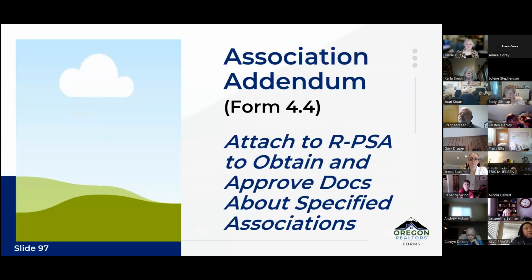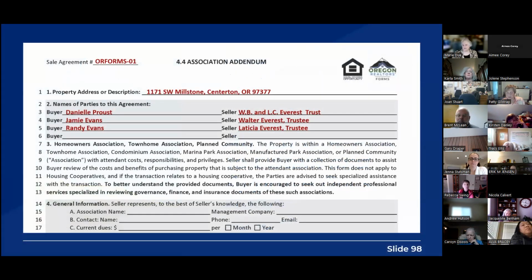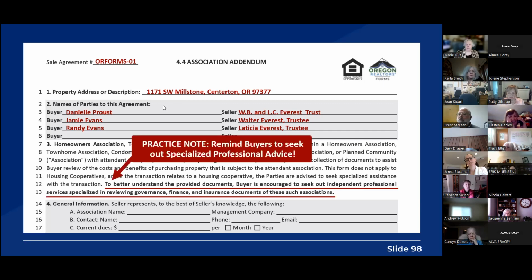Association addendum. This just has to do with the homeowners association, planned communities, townhomes, and how that all works out. We all know this form from having to deal with homeowners, but one of the things to better understand is that the buyer is encouraged to seek independent professional services in reviewing the governance, finance, and insurance documents of the association.